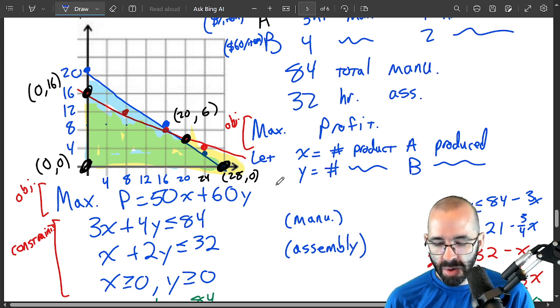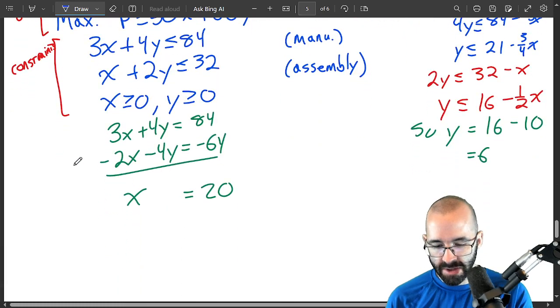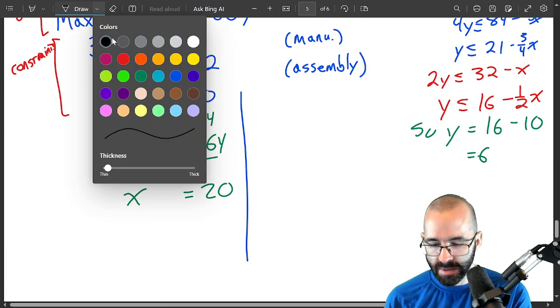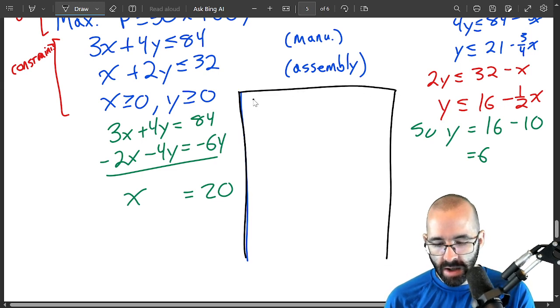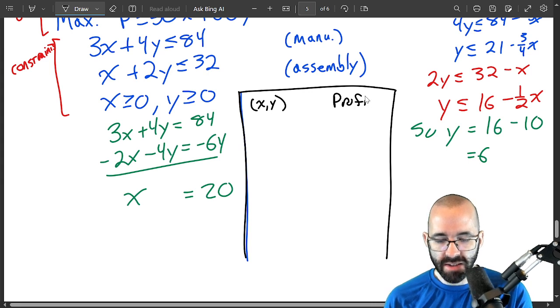And now we look at these 4 points and remember that we're trying to maximize the profit. So make a table of our points, x, y, and our profits. We want to maximize these.